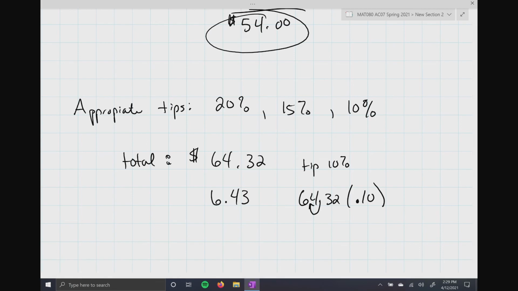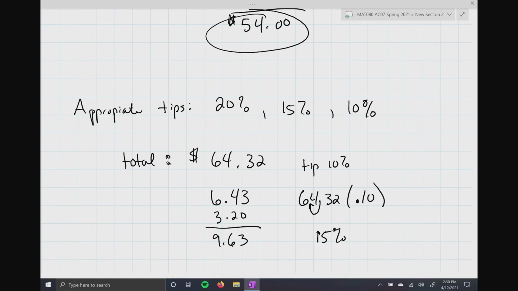A 15% tip would be 10% plus half of that. So if we're keeping this very easy, $9.63, that's a 15% tip, roughly.